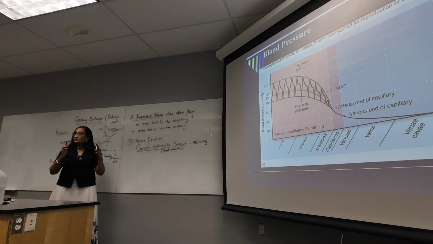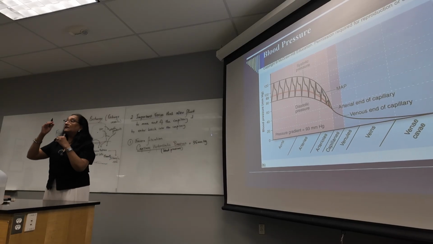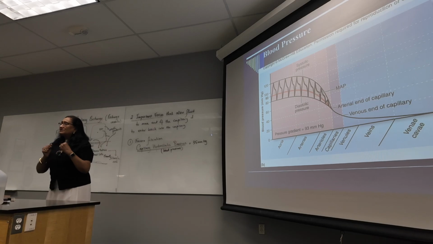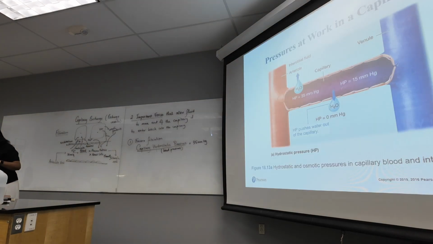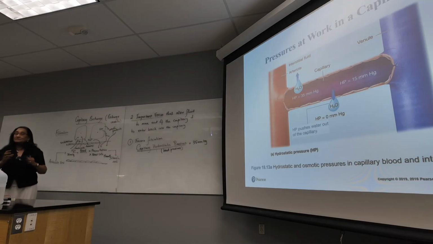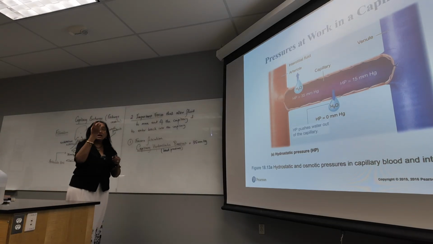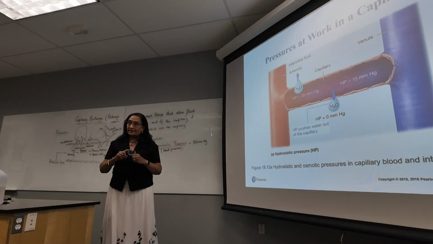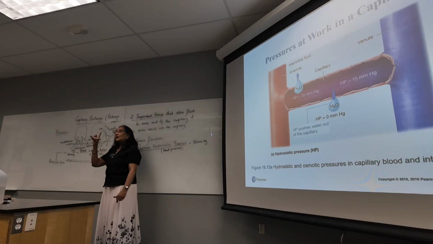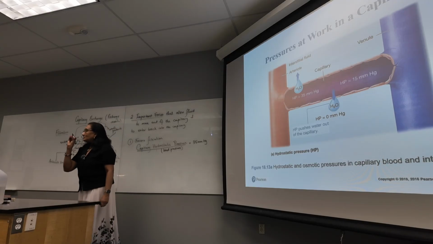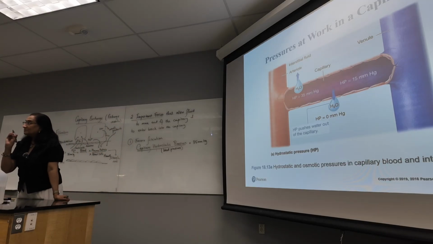So capillary hydrostatic pressure is the one that pushes the liquid out. Obviously, whenever there is liquid flowing through a tube, there is another pressure that is trying to pull the water back inside. See the plasma proteins. If you remember albumin, what is the pressure that albumin exerts?